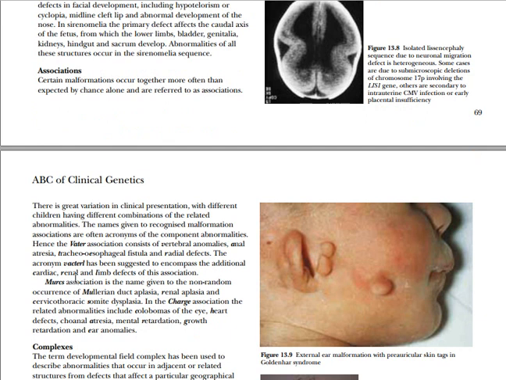We also have VACTERL association. It's a greater aspect of VATER association. So we have vertebral abnormality, anal atresia, C for congenital cardiac abnormality, congenital heart disease, T for tracheoesophageal fistula, R for renal disorders, and L for limb defects.